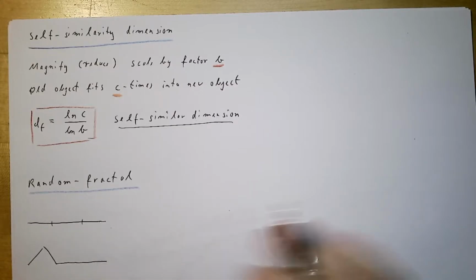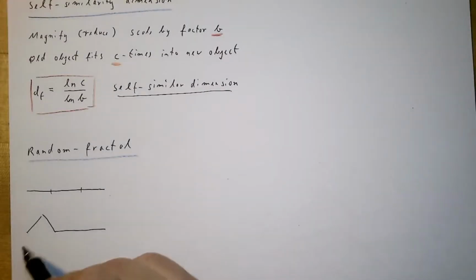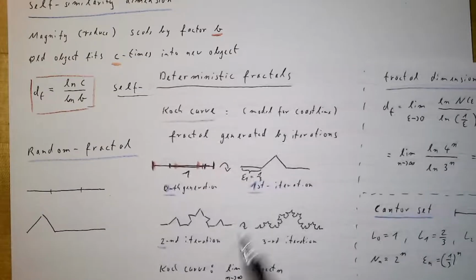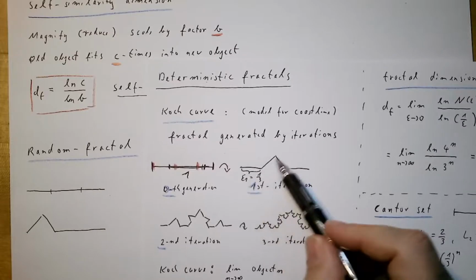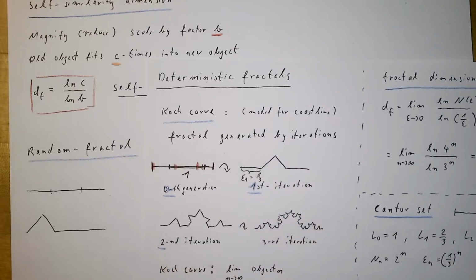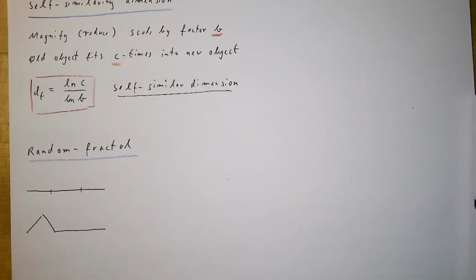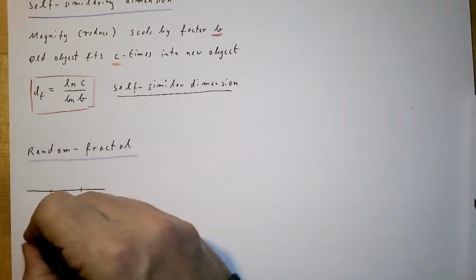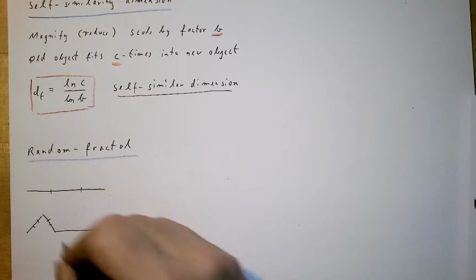So that would be the object in the first iteration. It has the same length as the Koch curve in the first iteration, but it looks different because the deformation is at the end of the whole thing. And now we go to the next iteration, so we divide everything into thirds, so we look at a smaller scale.